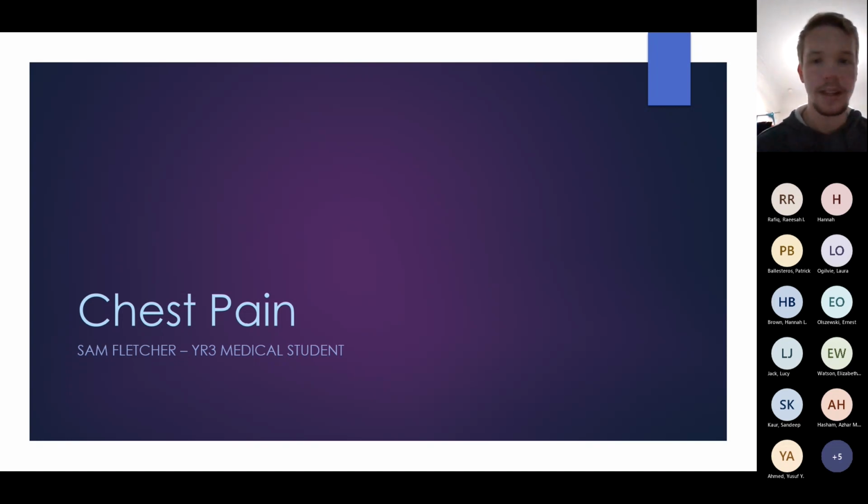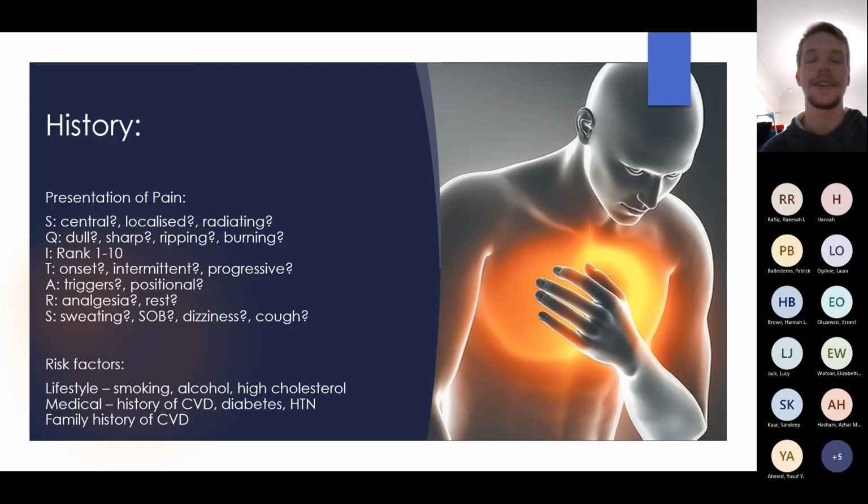So this is basically an introduction to chest pain. I tried to simplify it down to the main presentations, investigations and management. Initially, if someone comes into the emergency department or the hospital complaining of chest pain, the first thing that needs to be done is a history needs to be taken from them.